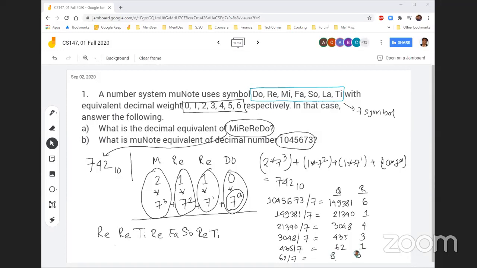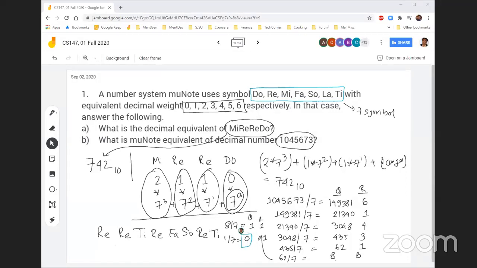From there, 8 divided by 7: quotient is 1, remainder is 1. And then 1 divided by 7, quotient 0, remainder 1. So basically, we stop the process when we reach a quotient of 0.